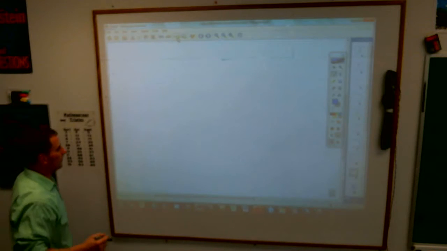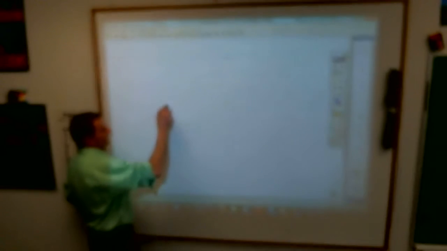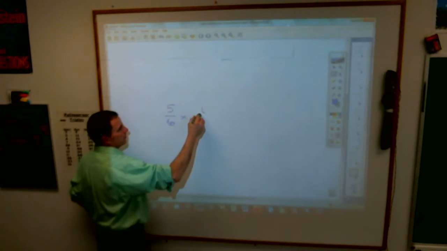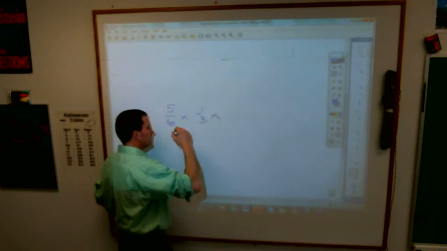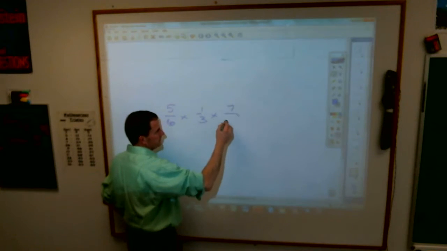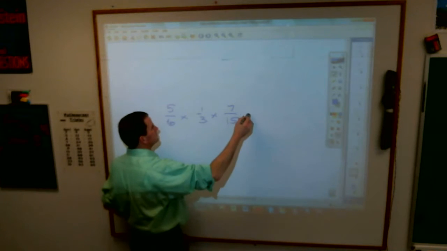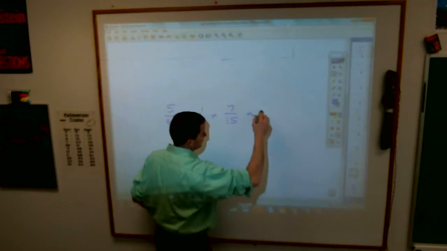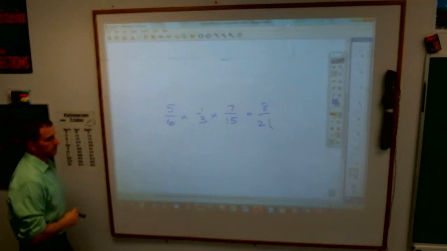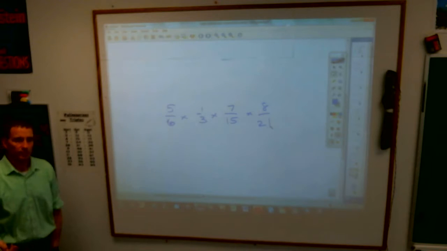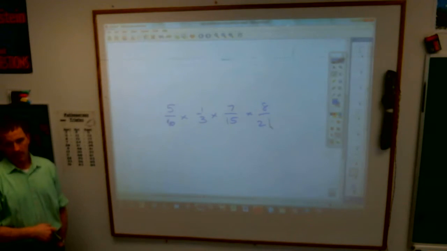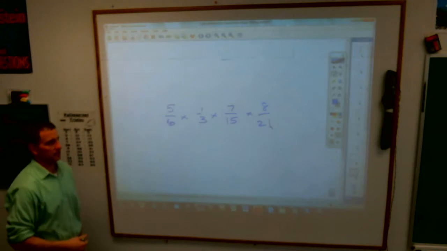If you ended up with something like 5/6 times 1/3 times 7/15, times, I don't know, 8 over 21, for you to multiply all of those top numbers together, then multiply all those bottom numbers together, and then try to reduce all that, it's going to take some work.